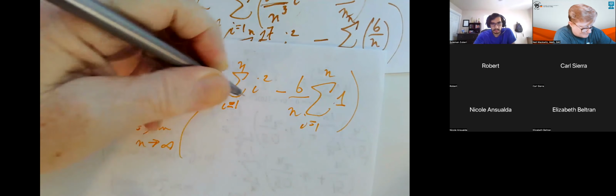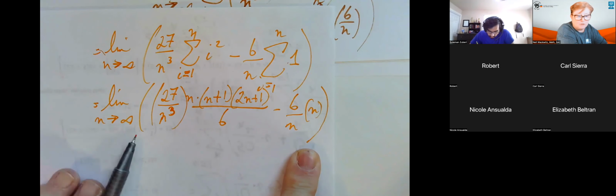And that'll be multiplied by 27 over n cubed. It doesn't look like a cube. All right, and then minus, what is the sum of the first n ones? N. That's right, good. Make sure we've got parentheses balanced. The whole thing, we're taking the limit of the thing.